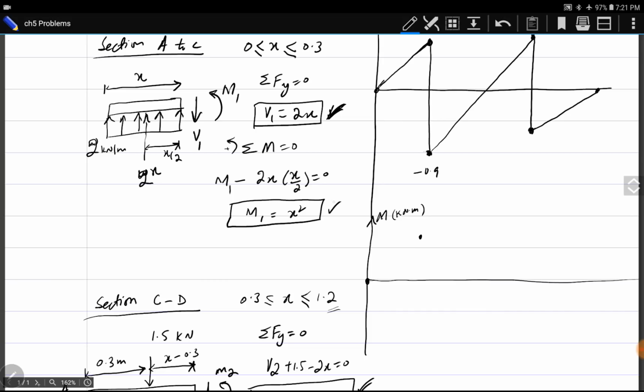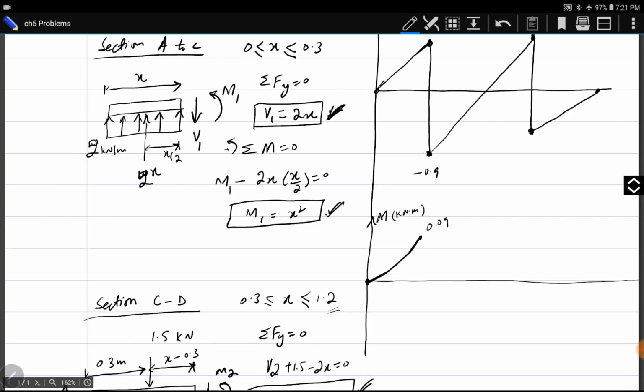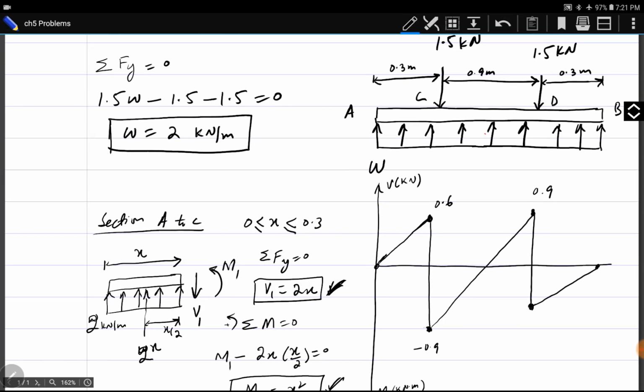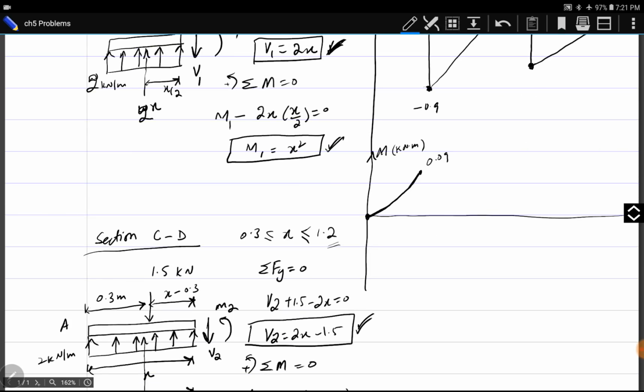This is a quadratic expression, so it will be a quadratic curve. Since the slope of the shear force diagram between A and C is increasing, the bending moment diagram curve will be counterclockwise.